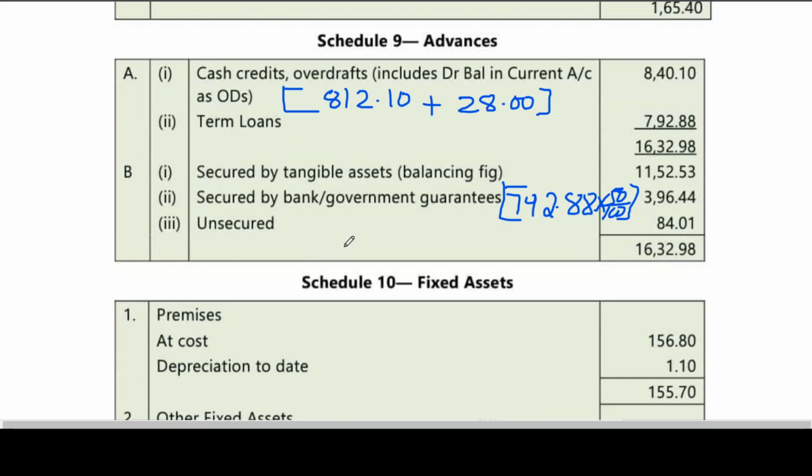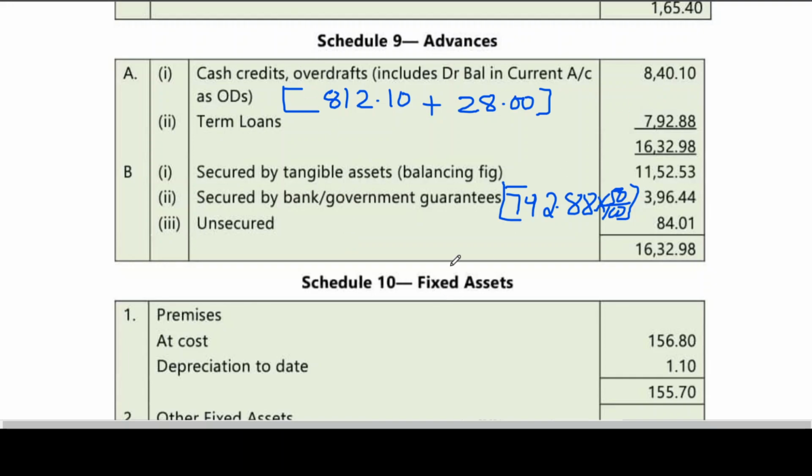Then unsecured: you got an adjustment in the question. 10% of cash credit is unsecured. What is the cash credit given? 812.10. Is this clear? 10% of cash credit is including OD, no?